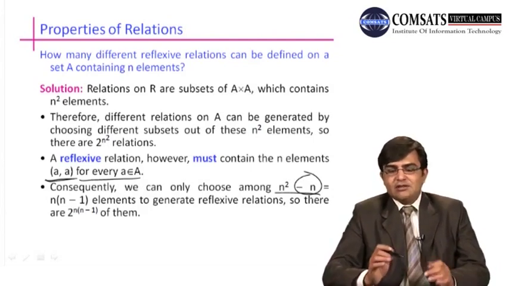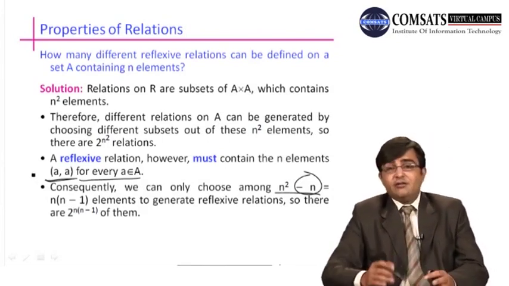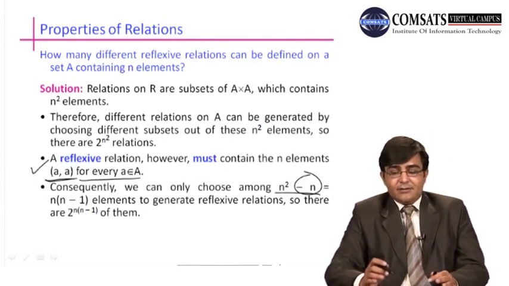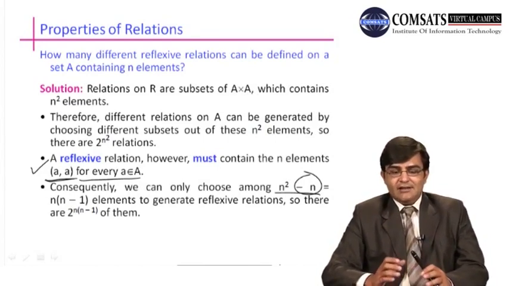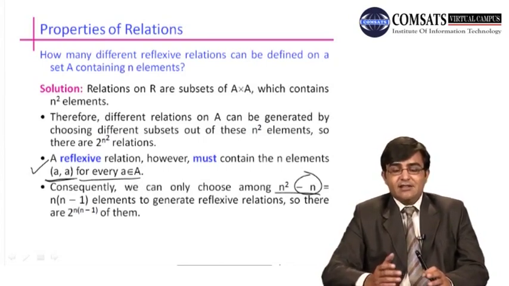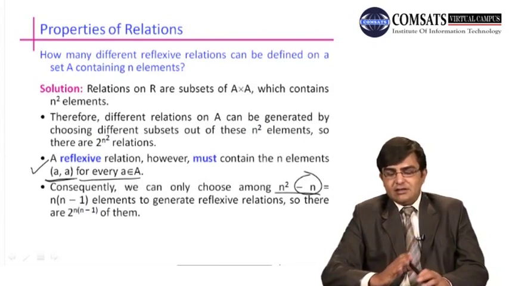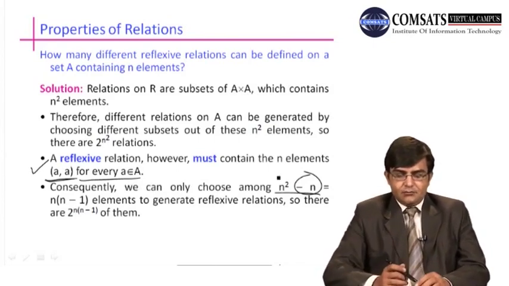Why have we subtracted? Because these n elements must be present in the relation. We cannot delete or eliminate these elements from any relation. All the reflexive relations which we can define on a set must contain these elements. Therefore we subtracted these elements from all possible elements.